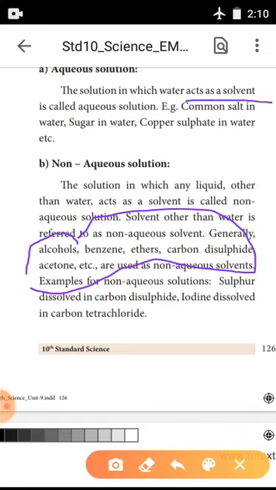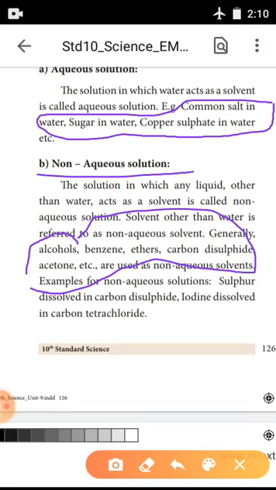Common salt in water, sugar in water and copper sulfate in water, because here water acts as solvent. Other than water, if anything acts as solvent, that is non-aqueous solution. Give examples of non-aqueous solution. Yes, very good: alcohol, benzene, ether, carbon disulfide and acetone.